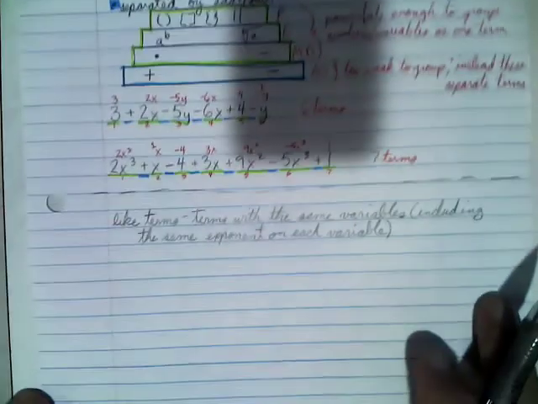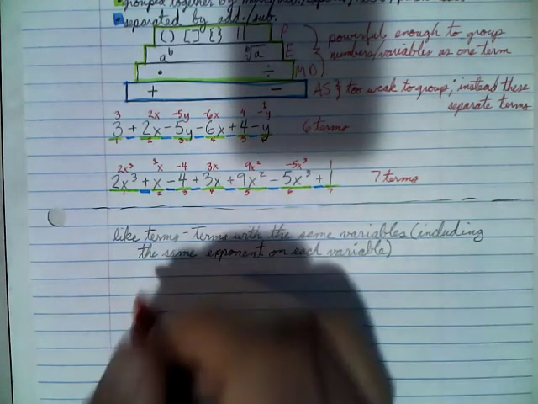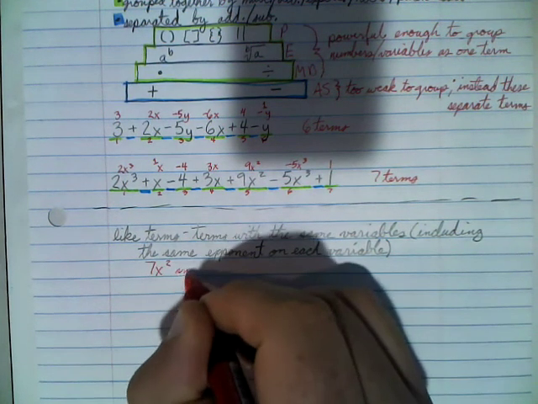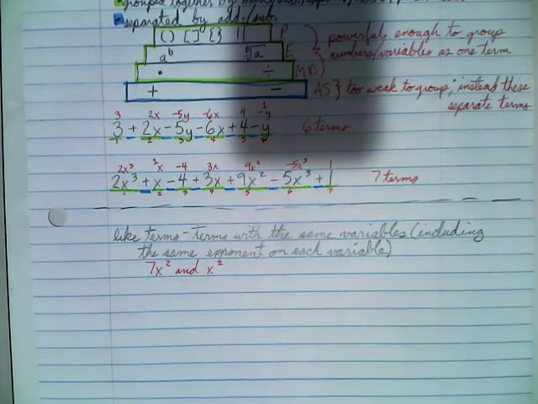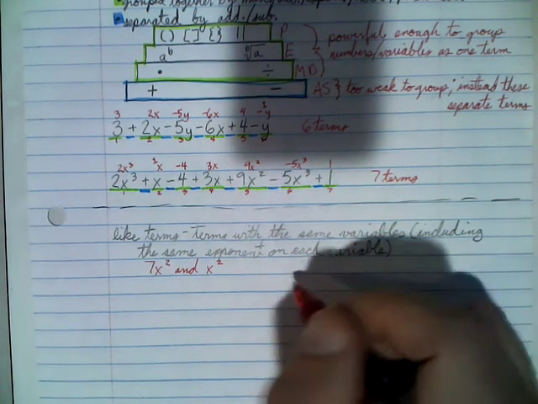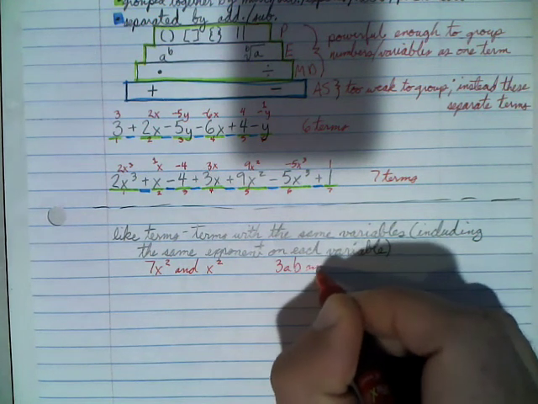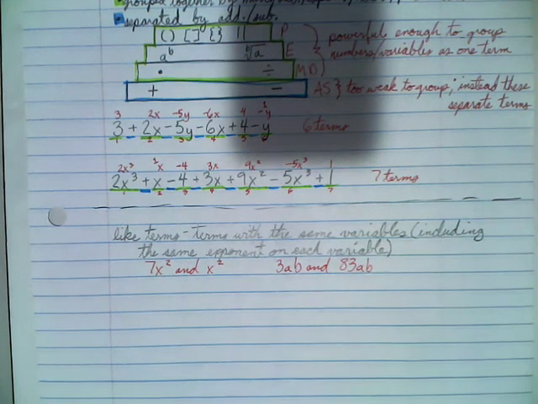So what would be like terms? A 7x squared and an x squared. A 3ab and 83ab.